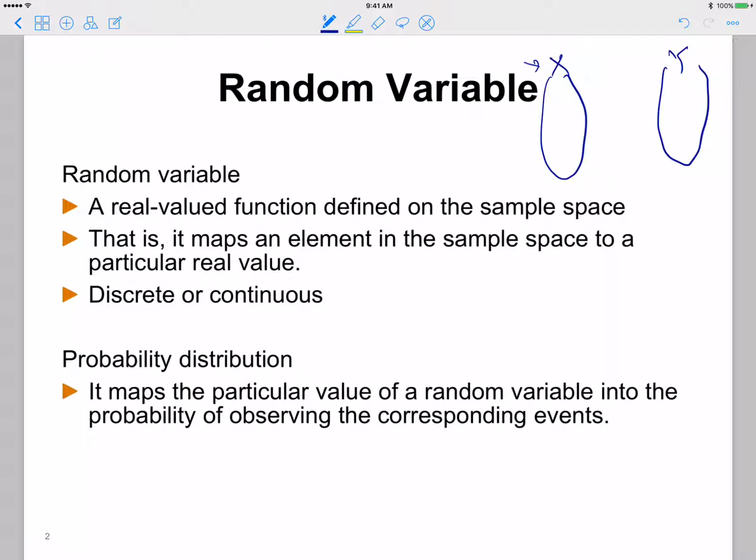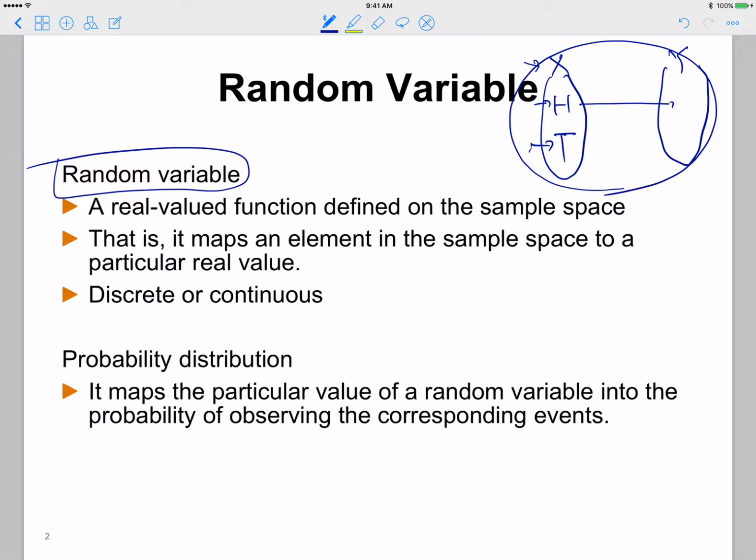So if we have a coin flip, then all the possible events are head or tail. Okay? And then each of these events should be mapped to a real value. Some real value, which means some number. So this kind of transformation is called a random variable.